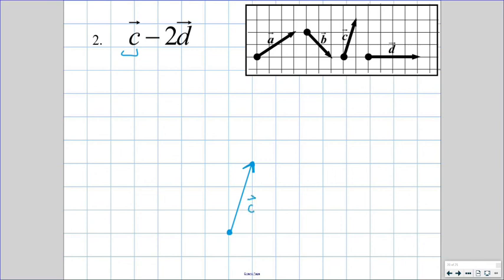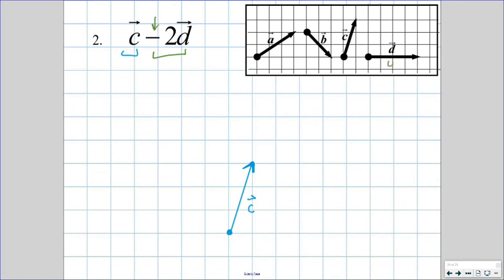So again, tail to head. The tail of negative 2D is going to be at the head of vector C. So negative 2D, we're doing two things to D. We're going to change its magnitude by multiplying all the components of D by 2, and then change its direction because of the negative sign.